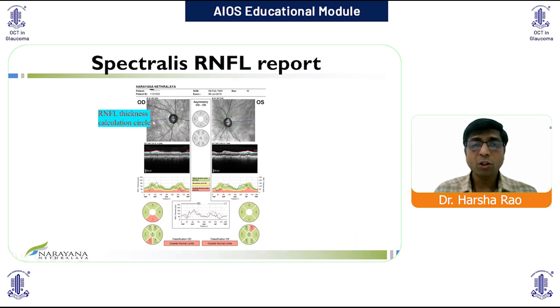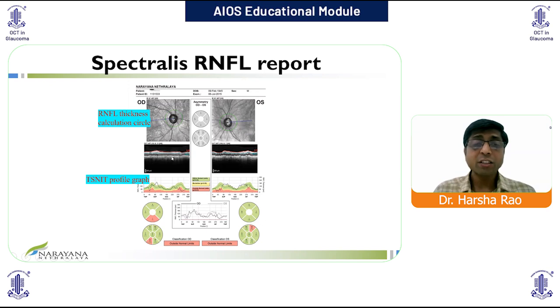This is a unique feature of the Spectralis machine, and the subsequent evaluation of the RNFL happens around this axis, while most of the other OCT machines consider a horizontal line as the axis over which the RNFL measurements are done. The other important region is the tomogram.